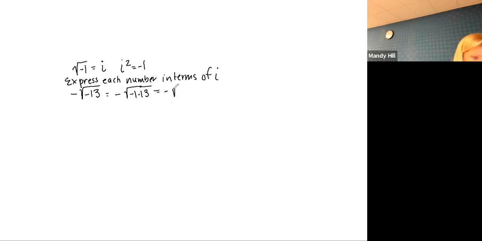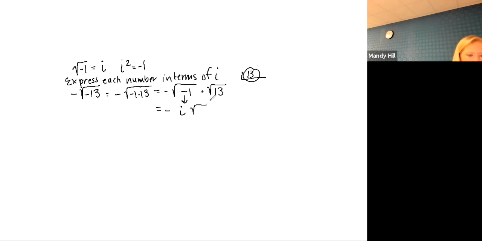Then I would have negative square root of -1 times the square root of 13. 13 is prime, so if I do that little tree thing, there's not going to be anything I can do. So we've got negative, this is I.